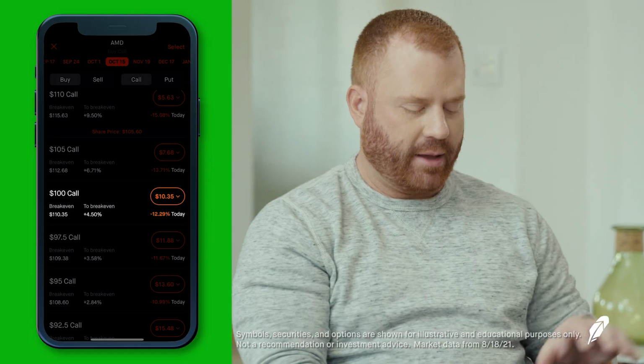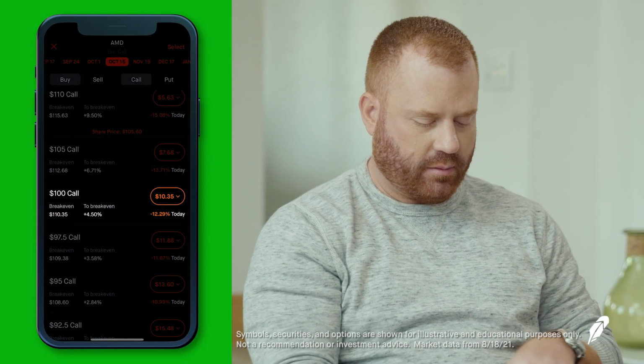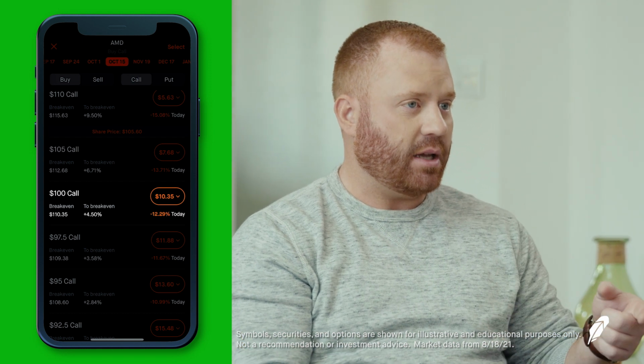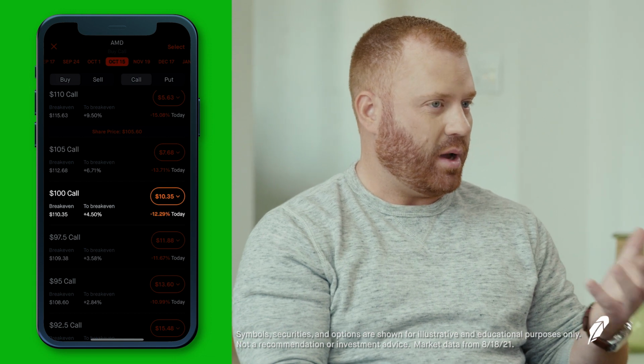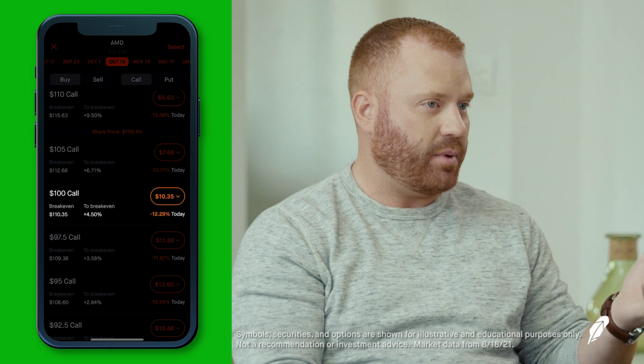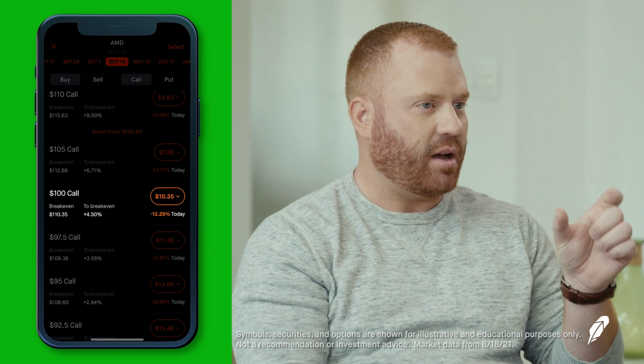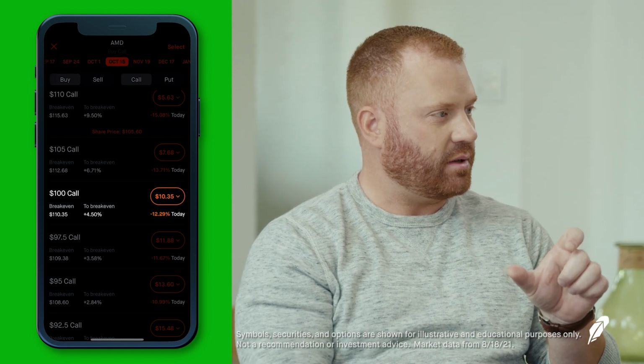Yeah, and very important point here. If you were to buy this option for $10.35 right now and exercise your rights under the contract, that is not necessarily a great thing to do because you would be forfeiting that extra $4.50 of premium, of extrinsic value. And this is something a lot of new options traders don't understand right away.